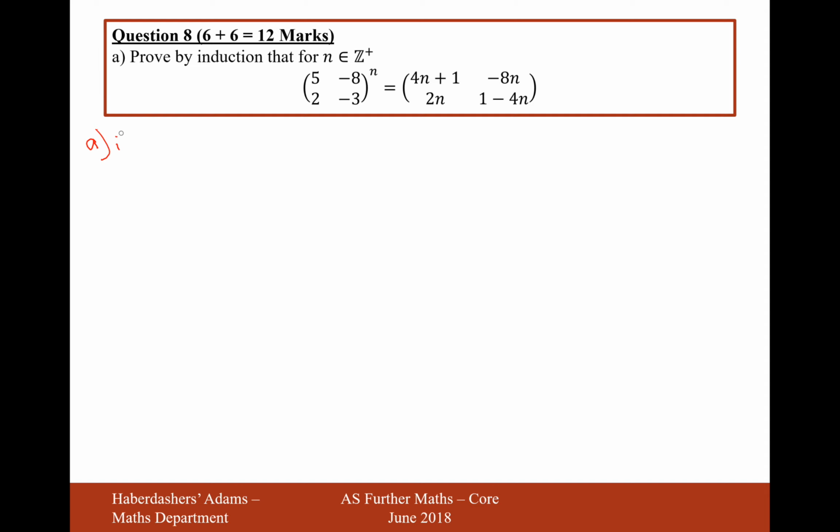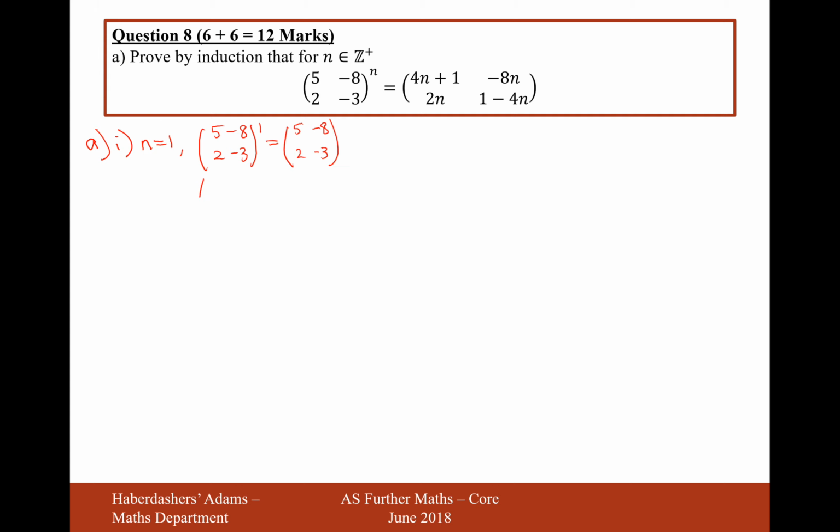Okay, let's get started. So part 1 is going to be prove true for n equals 1. So (5, -8; 2, -3) to the power of 1 is equal to (5, -8; 2, -3).